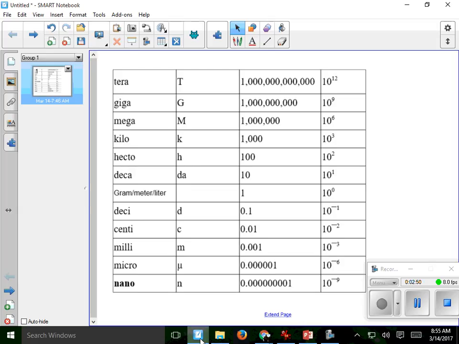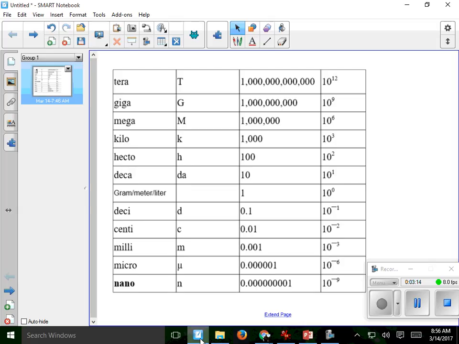A kilometer is like 2/3 of a mile. But you could have a megameter, and that's way more than a mile. You could have a gigameter, which is like, I have no idea. It's huge. Every one of these goes up by 10.